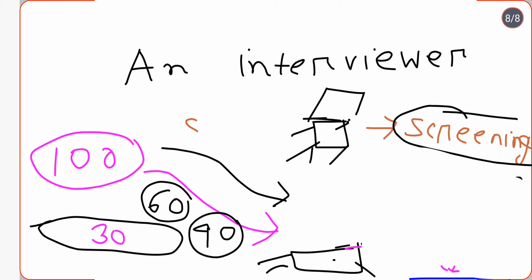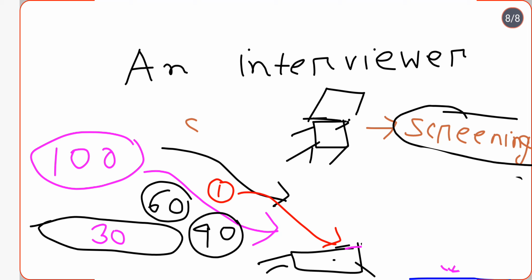How will these 60 good candidates make themselves presentable for the job? Suppose a candidate goes in, and that candidate is a good candidate. How will he tell the interviewer, I am a good candidate, take me? Directly you can't tell it, right? If it were possible, then everybody would say that.